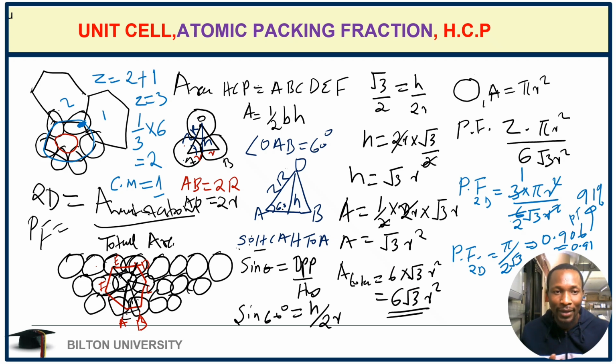So this is how we calculate the packing fraction of HCP in 2D. Remember, 2D deals with the area of the atoms. So if you are told to prove that packing fraction is 0.91, or 91%, in 2D HCP, this is how you can prove it.